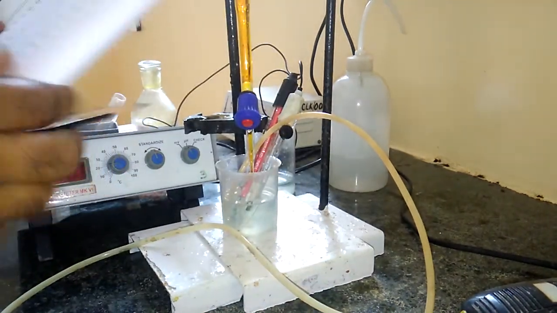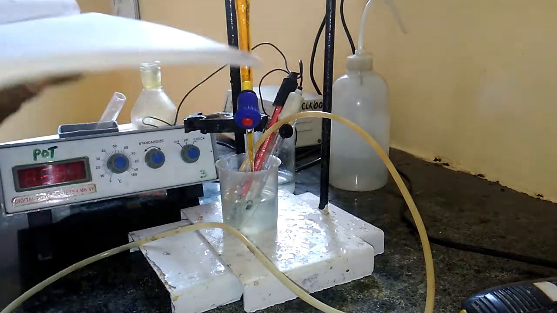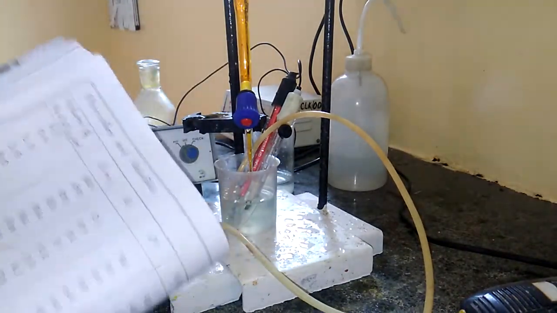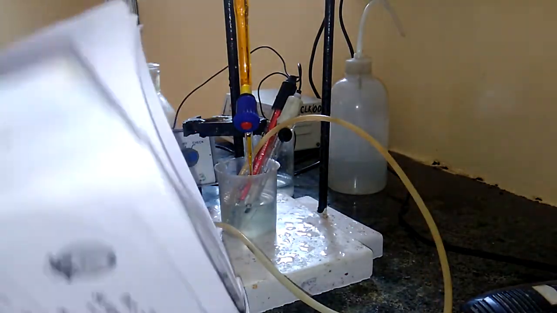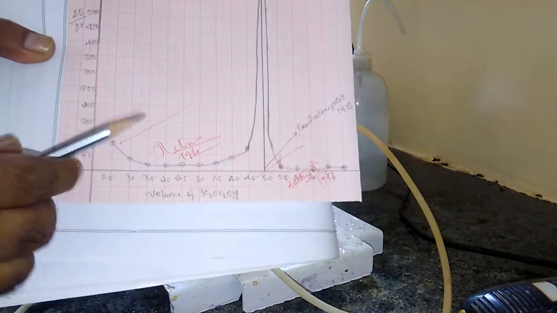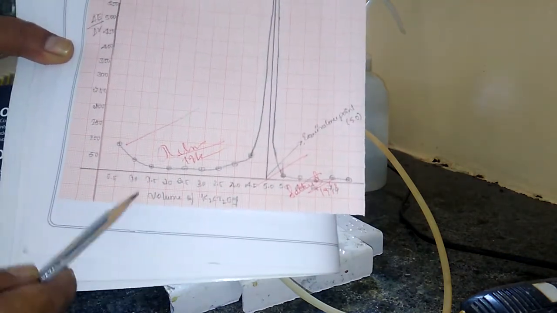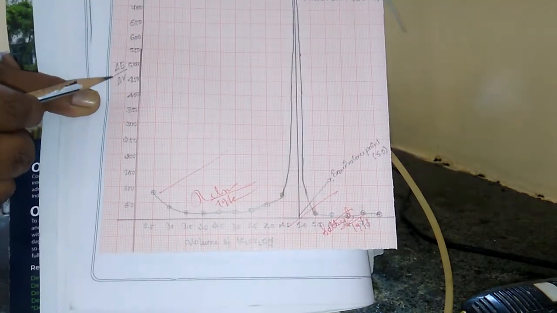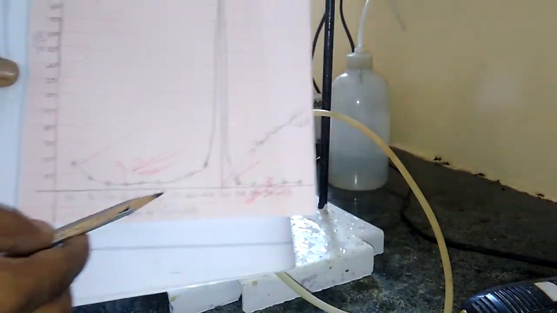And so after calculating all these things, we have to plot a graph. The nature of the graph will be like this. This is the nature of the graph obtained here. So if you plot a graph, volume of potassium dichromate on the x-axis versus delta E by delta V on the y-axis, we will get it like this.